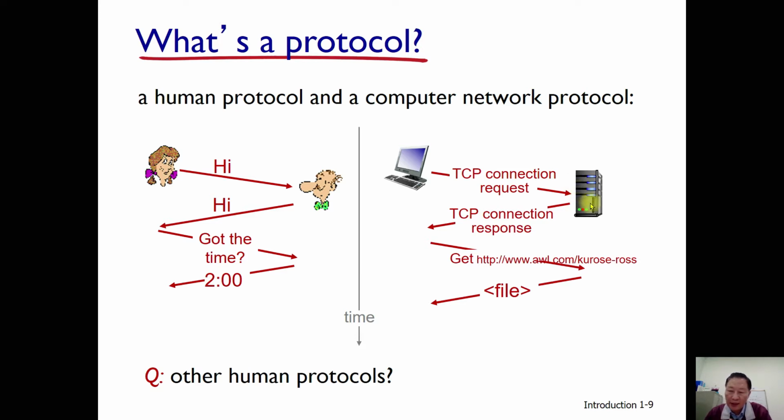Then the server answers the request, receiving that request and responding with a TCP connection response. After that, the connection is established. After that, the real message can be sent to this server.